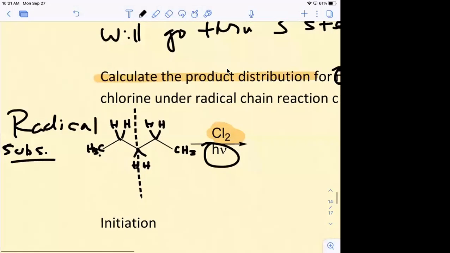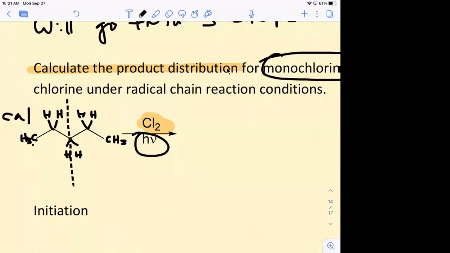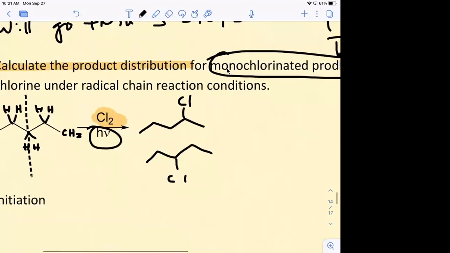All right. So I'm going to get from here three different products. I'm going to get a product where I have a chlorine here, a product where I have chlorine here, and then a product where I have chlorine on that end carbon.